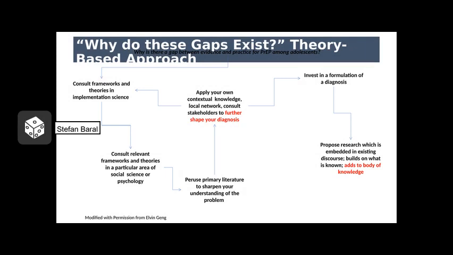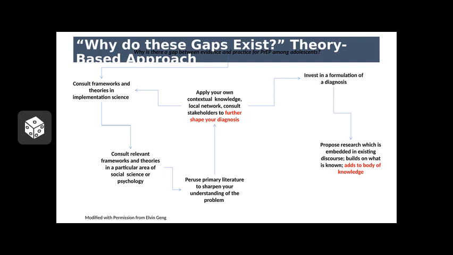Now, what I would ideally like is that at the end of this talk and moving forward, you might use a different approach. When you have this gap between evidence and practice in PrEP for adolescents, you consult frameworks that I'm about to talk about, or theories in implementation science, and you think about what might be the specific barrier to PrEP uptake or PrEP use among adolescents.